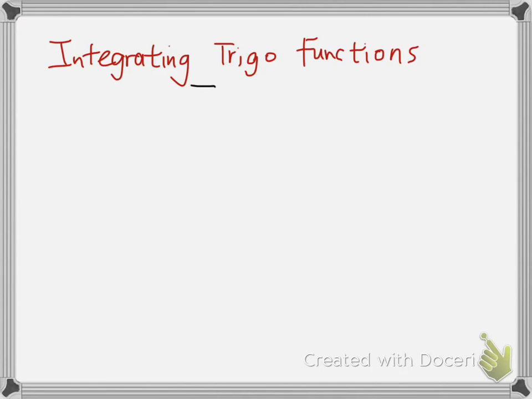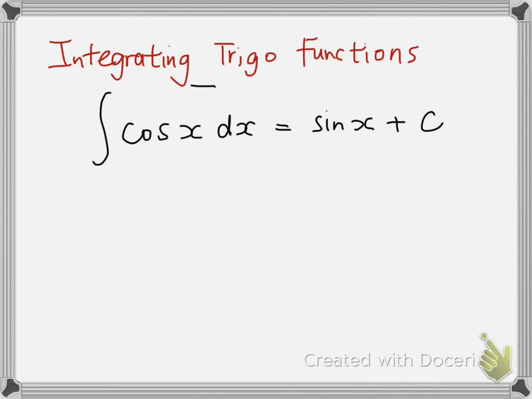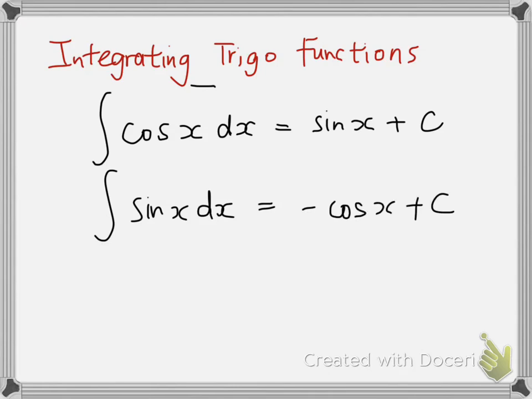So how do you work this out? Integrate cosine x dx. What would it become? It's just sine x plus c. Okay, so integrate sine x dx is negative cosine x. Remember, when you differentiate cosine, you get negative.